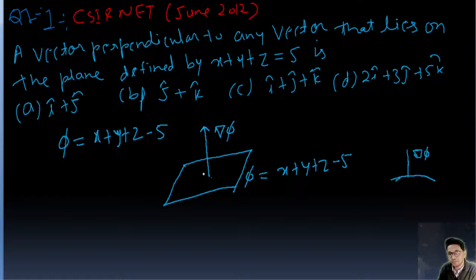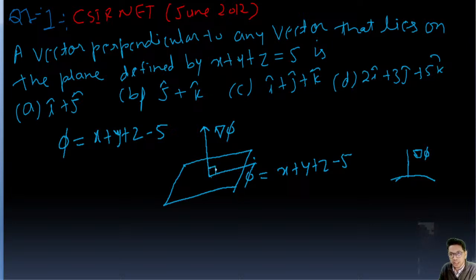This plane is a level surface, and gradient of phi is the perpendicular vector. So we have to find a vector perpendicular to any vector that lies on the plane. Suppose we take any vector lying in this plane.